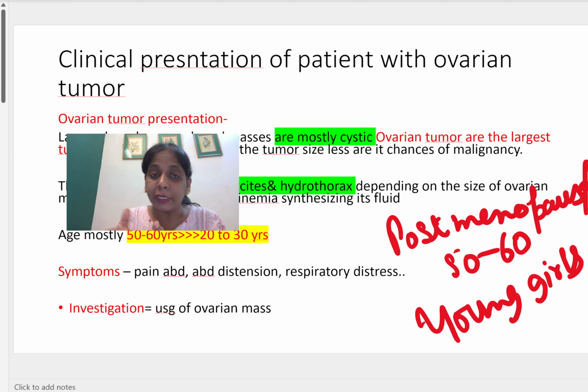Of course, the patient will have pain abdomen, abdominal distension and respiratory distress, because of such a large tumor, and the ascites along with it is going to affect the breathing. So the patient will have respiratory distress depending on the size of the tumor.